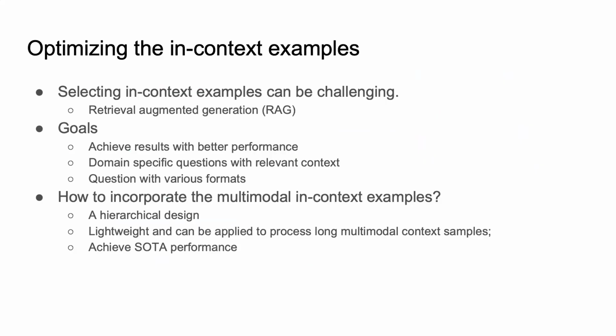The next one is to try to optimize the in-context examples. Here we are inspired by retrieval augmented generation, which means that we use a small retriever to retrieve the examples that are very similar to the query data. The goal is very simple: we just want to achieve better performance, of course. The second is whether we can broaden it.